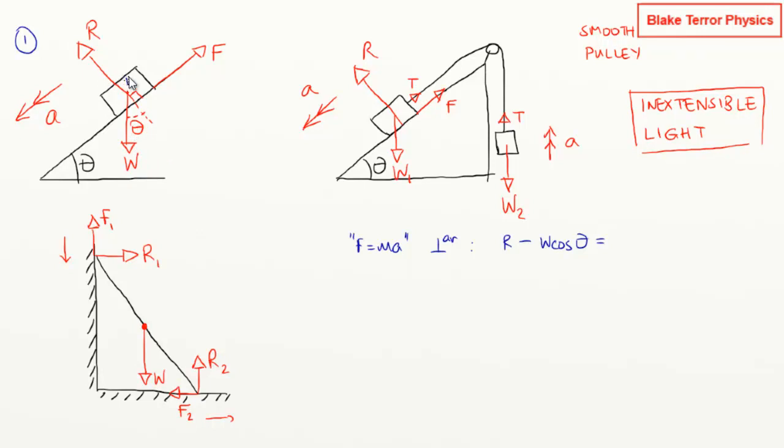So if the mass of this object is m, then we'll have m times 0 because it's not accelerating perpendicular to the plane. So that would be equal to 0.